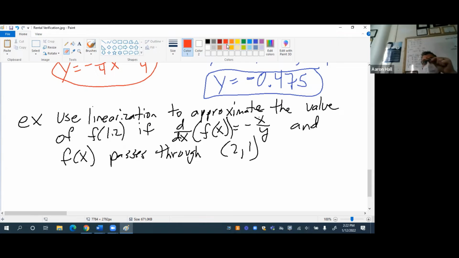Yeah, so we're going to use the equation to the tangent line to make this approximation. We want to make an approximation of this. We want to use the tangent line to make an approximation of this.